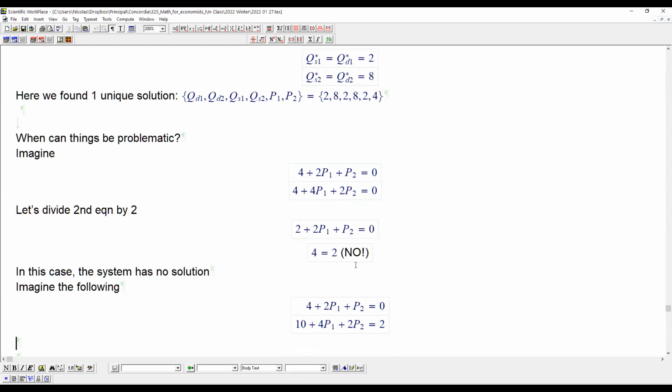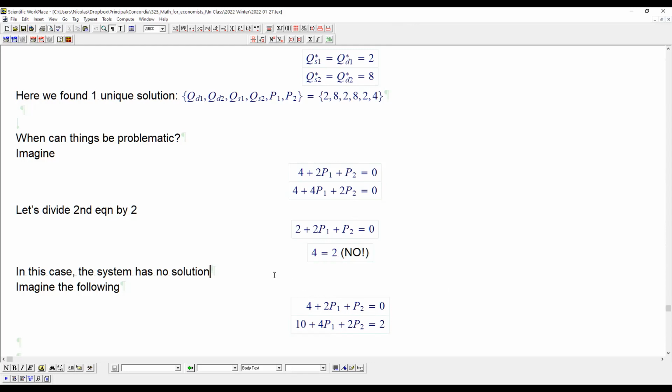So how many solutions do I have for this one? You're asking, why do I have no solution? Yeah, okay. Because what you can do is substitute 2P1 plus P2 equal 2P1 plus P2, and you find that 4 equals 2.